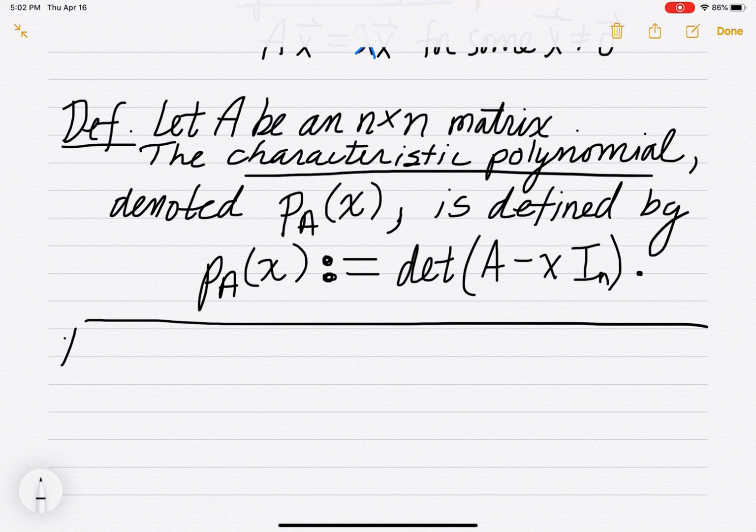Here's another definition. What is the characteristic equation?